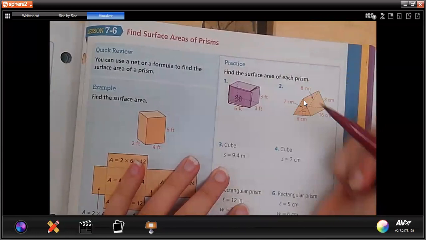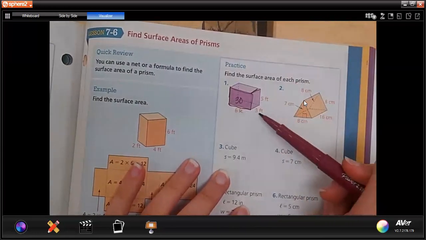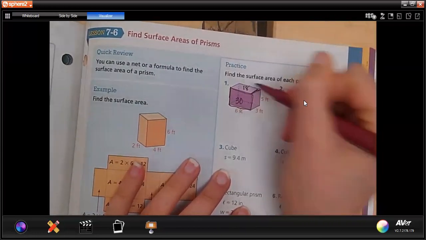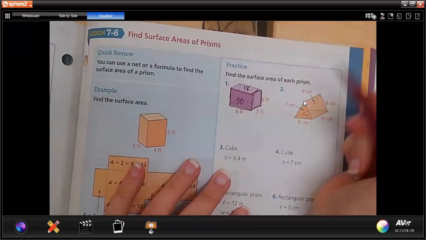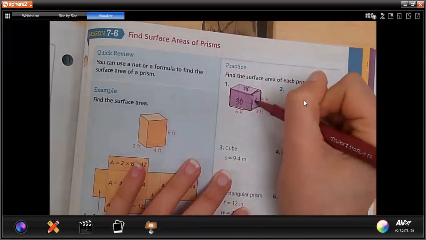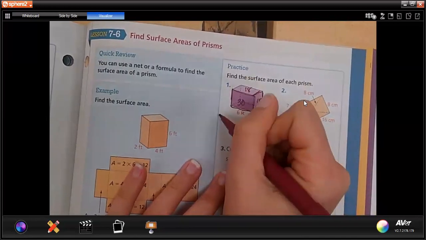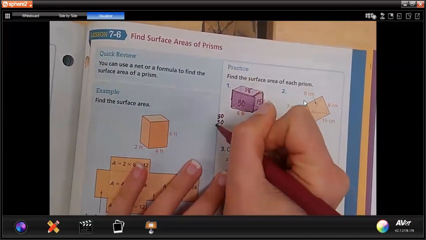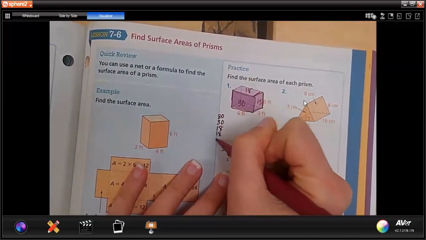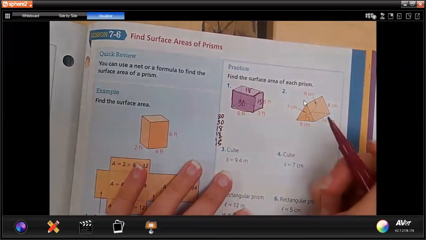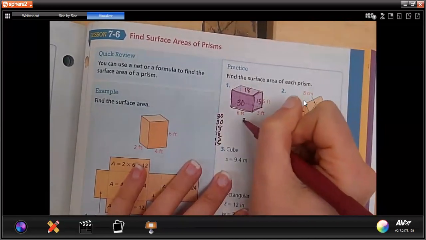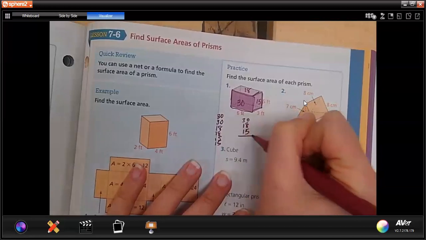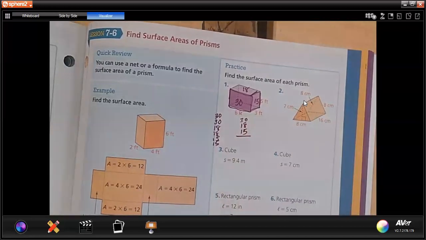My top, which is going to be 6 times 3, which is 18. And then my sides, 3 times 5 gets me 15. And you can either do 30 plus 30 plus 18 plus 18 plus 15 plus 15, or 30, 18, 15, and then multiply that by 2 to count for front, back, top, bottom, and both sides.